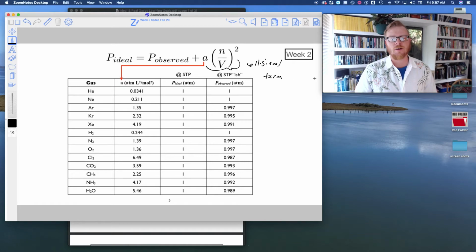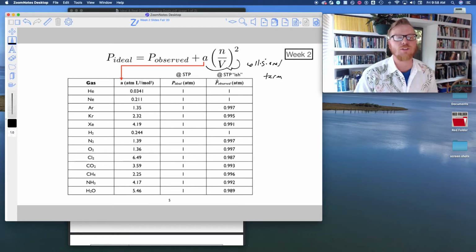And those of you that remember your Gen Chem days will recognize that this is part of the van der Waals equation, and I'm going to put that together in total. But specifically, this chunk a times n over V squared gives us this collisional term.